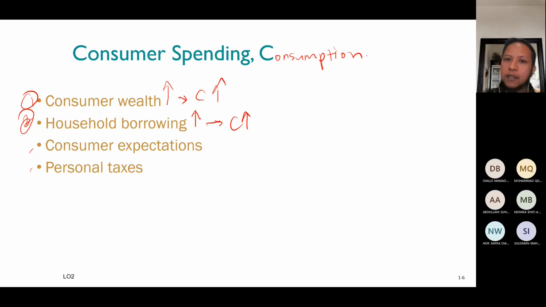As you will see, I think we've already touched upon this a few times in terms of interest rates. It is very much related to interest rates.